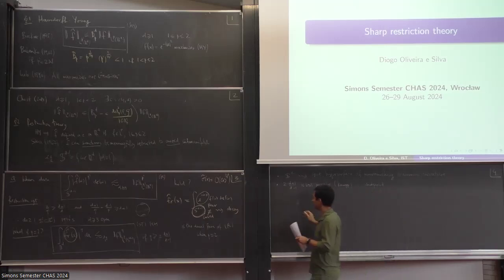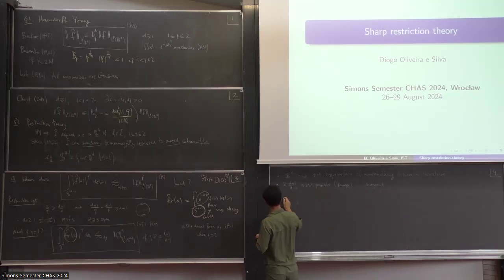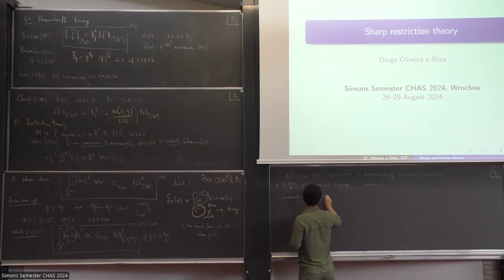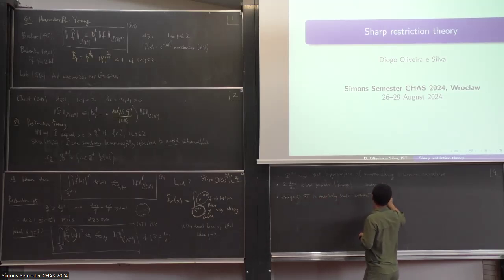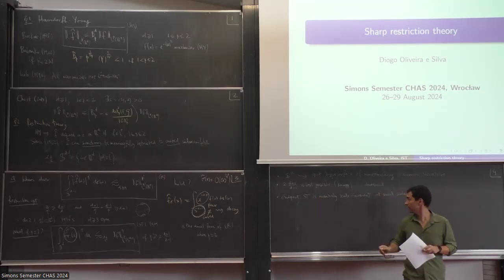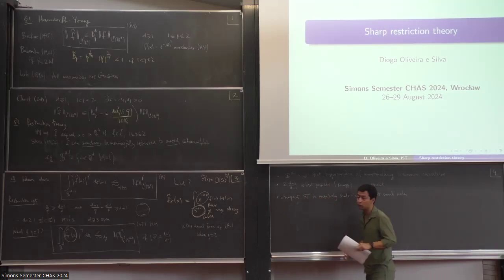And it turns out that endpoint Stein-Tomas is essentially scaling invariant at small scales. What do I mean by this? This word, of course, is not rigorous.